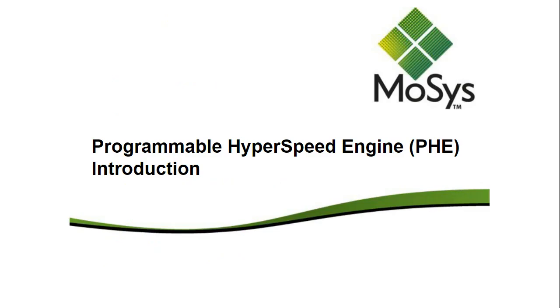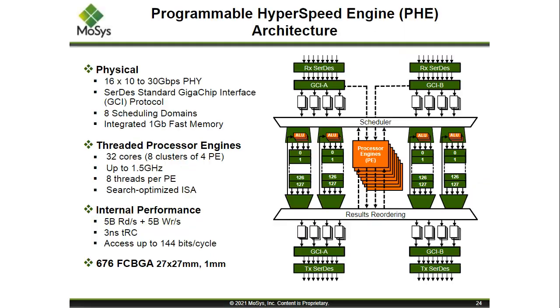The next and highest end one that we want to talk about briefly is the programmable HyperSpeed engine. As you can see from the block diagram, it's very similar in architecture to the bandwidth engine products that we've been talking about. At the top and the bottom are the SerDes, the structures that handle input and output.